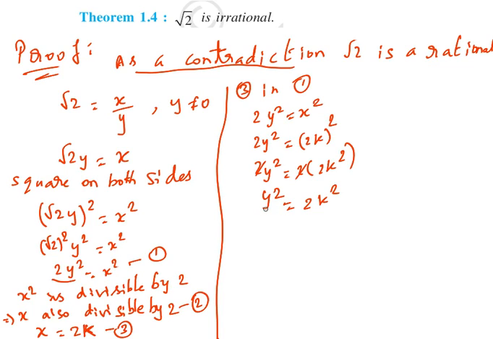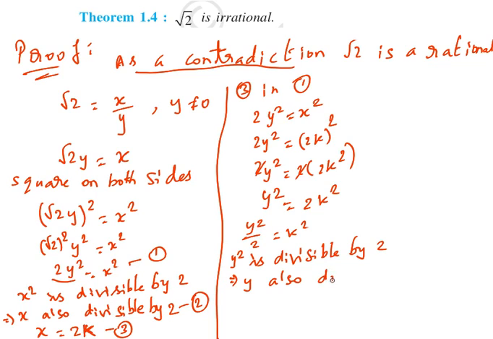So what are we getting? Y square is a product of 2. If we bring this 2 across, y square by 2 equal to k square. So y square is divisible by 2. According to these conditions, definitely y is also divisible by 2.